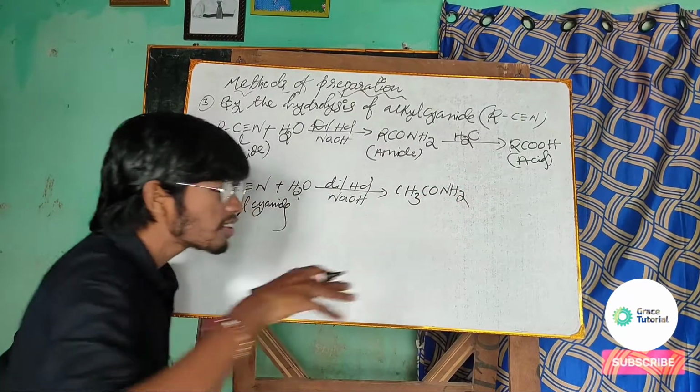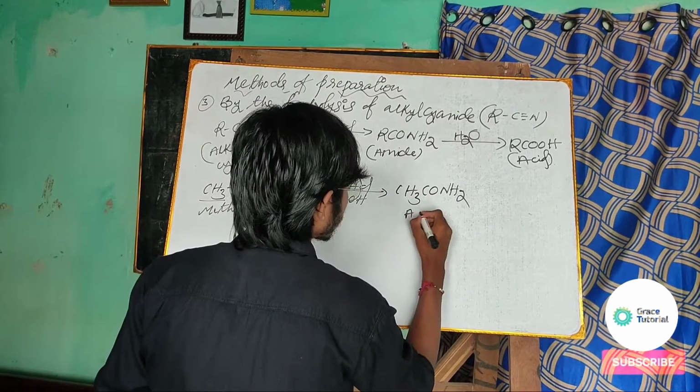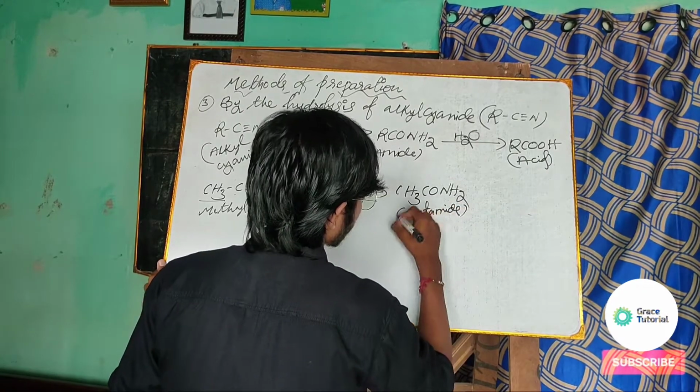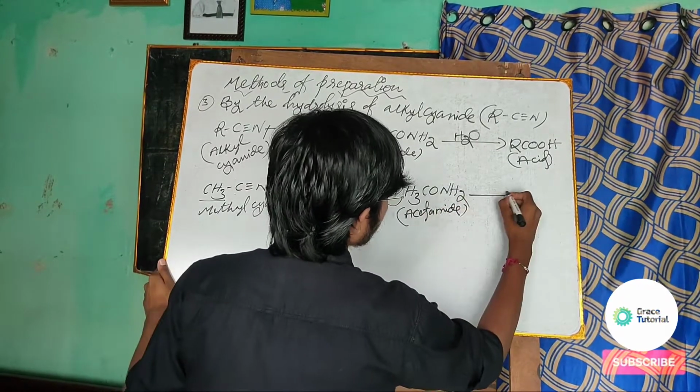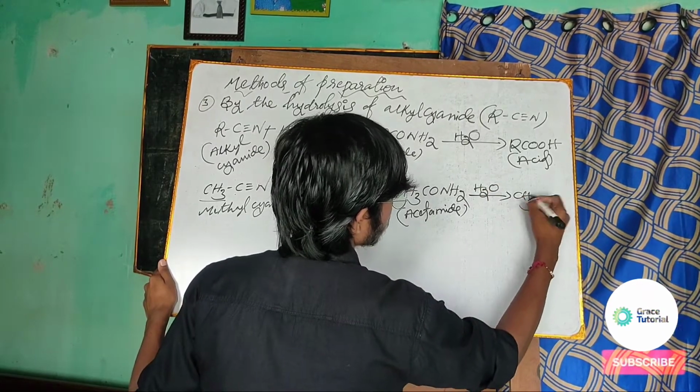So what is the name of this compound? The name of this compound is acetamide. When this acetamide is further hydrolyzed, then we get acetic acid.